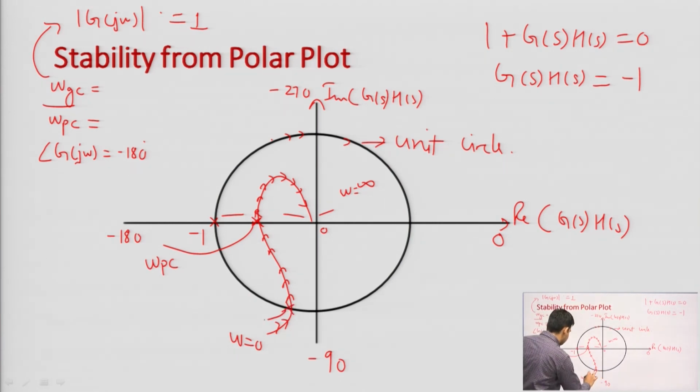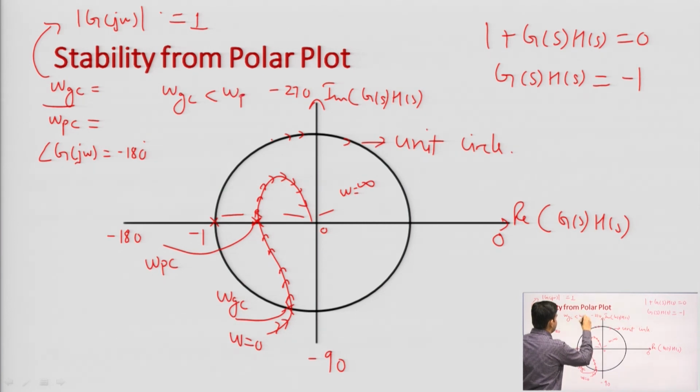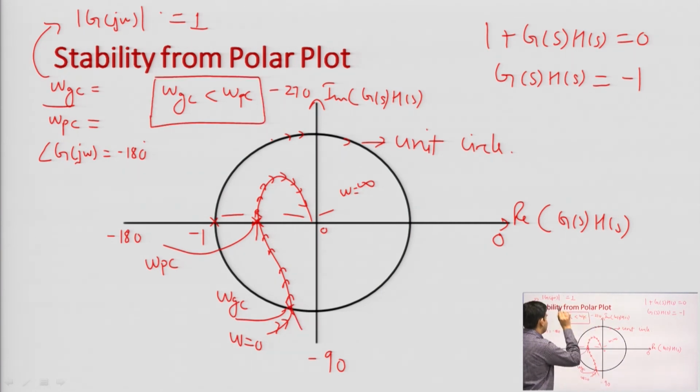If I calculate omega here, this gives me omega GC. For stability, I know that omega GC should be less than omega PC. Here omega PC is coming here and omega GC is coming here, so it satisfies this condition, which means my system is stable.